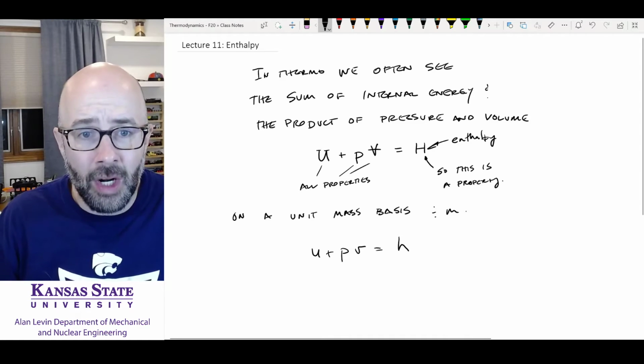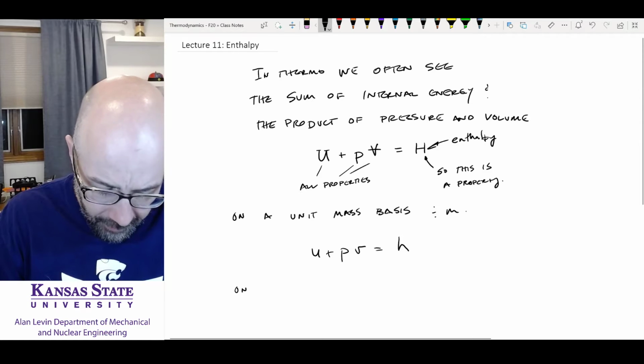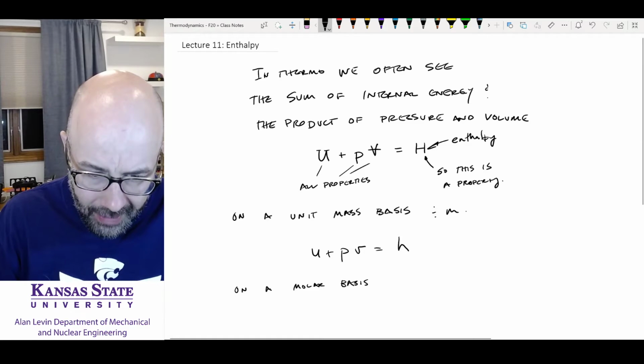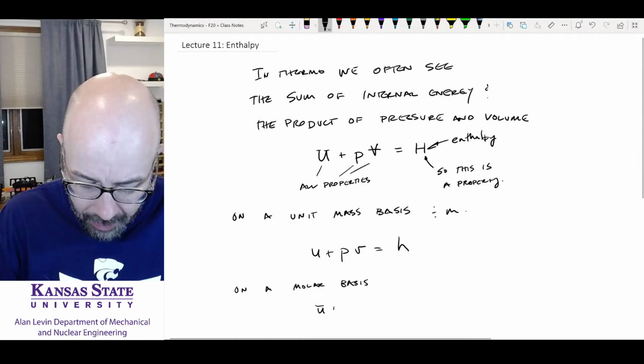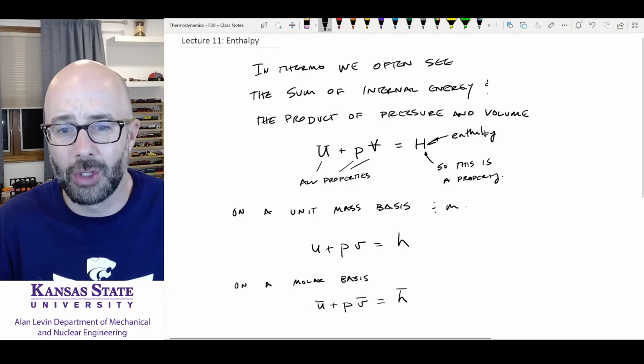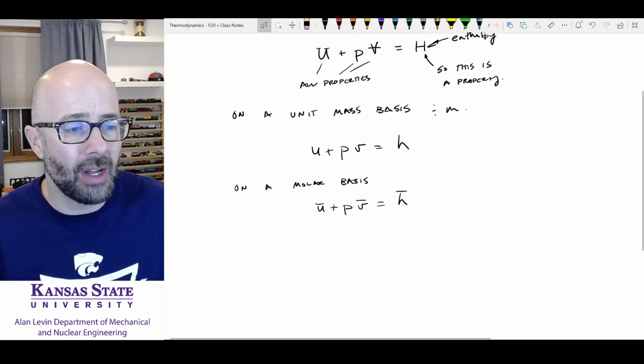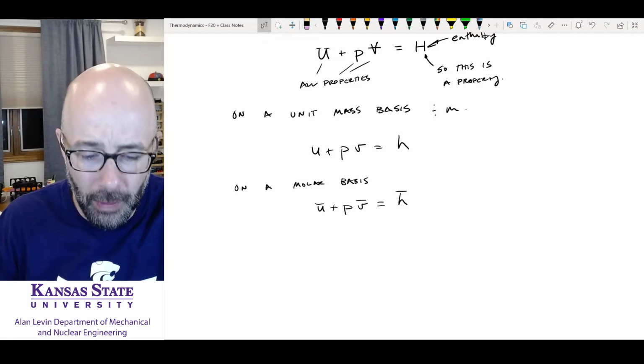Okay, we can do it on a molar basis. We could say that U bar plus P times V bar is equal to H bar. That's also working. Remember that the bar over the value indicates that it is on a molar basis, or per unit mole.